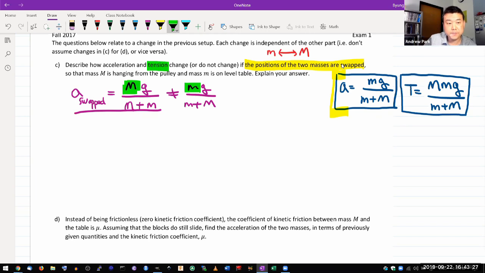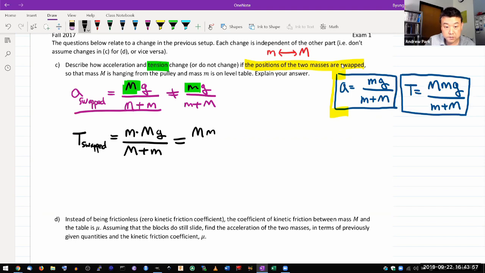I don't know how many people will have expected this before going through the calculation, but when you write down the same thing for the tension in the string when they have been swapped, it's small m times big M G divided by big M plus small m. And when you think through it, this is equal to the original tension.